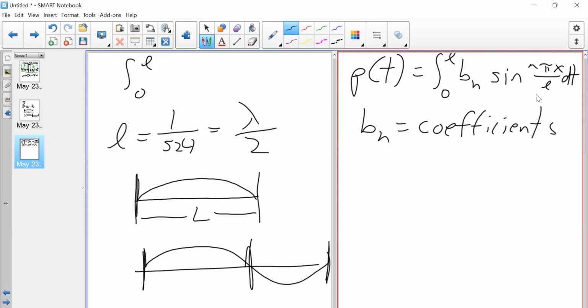So how are we going to find those coefficients? Well, we can take this function and solve for the B sub n's. But before I do that, I want to describe the other variables.